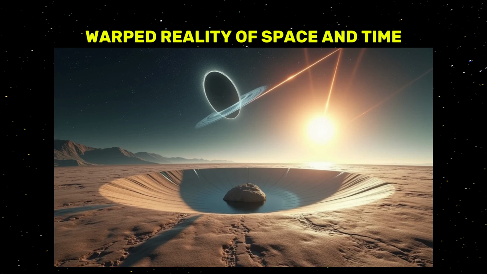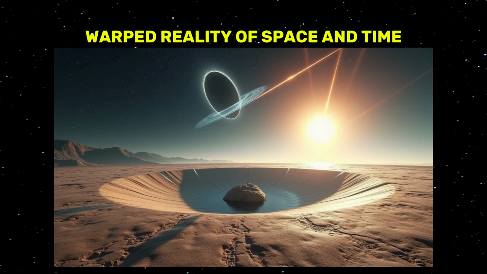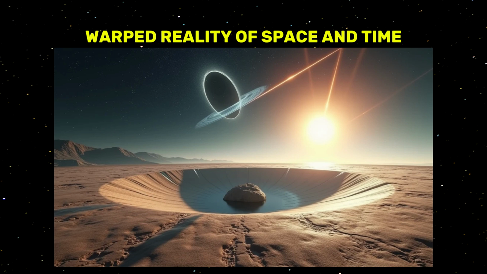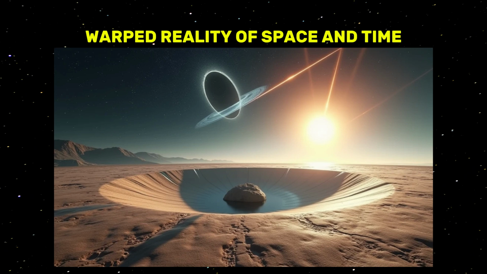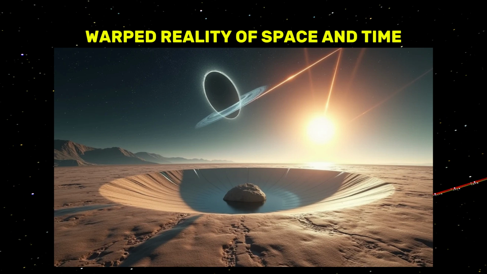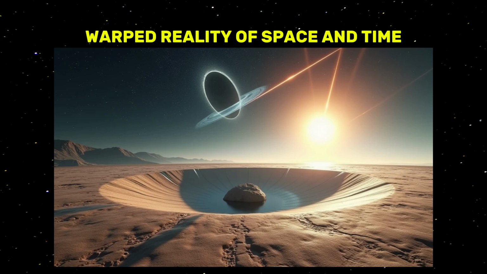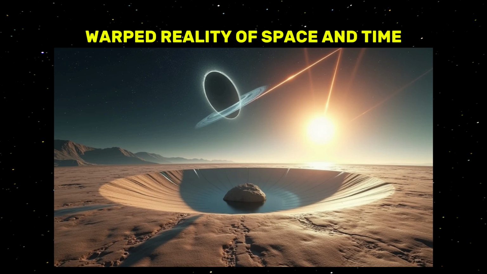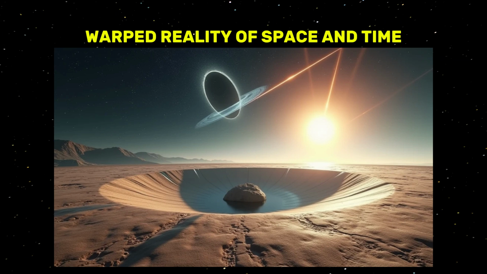But the implications go even further. General relativity shows that gravity can distort time itself, warp the shape of space, and even influence the path of light. One of the most extreme and awe-inspiring consequences of this theory is the black hole, a region of space where gravity is so intense that not even light can escape. Black holes are formed when massive stars exhaust their fuel and collapse under their own weight.